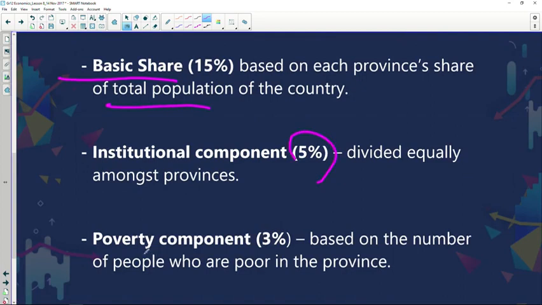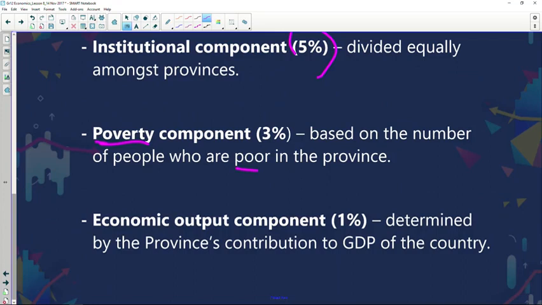And then the poverty component is based on the number of people who are poor in the province. They do a lot of research around this. They would say in this particular province, there are a lot of poor people that live there, and therefore they need to be allocated accordingly based on the research that has been done.